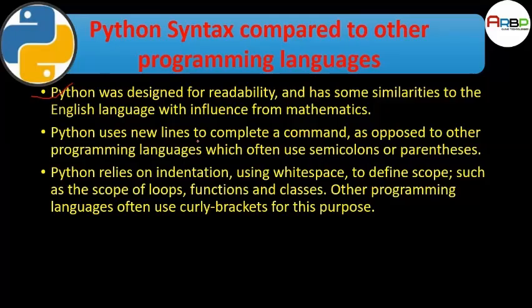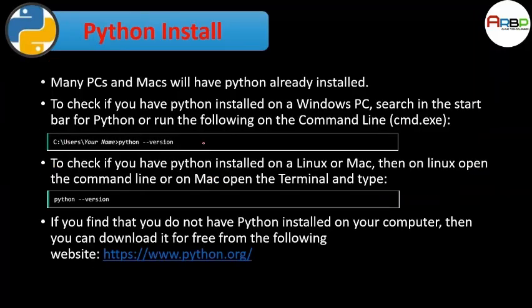Python uses new lines to complete a command, as opposed to other programming languages, which often use semicolons or parentheses. Python relies on indentation, using white space, to define scope, such as the scope of loops, functions, and classes. Other programming languages often use curly brackets for these purposes.